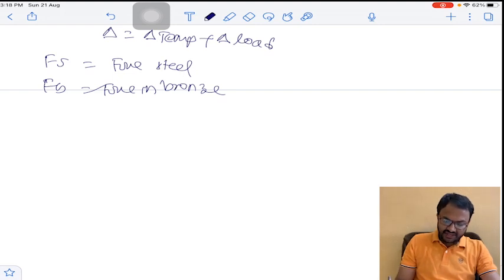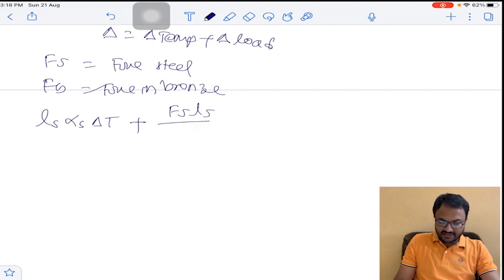First of all, the temperature deflection in steel is Ls alpha s delta T, that is L alpha delta T. Because of load, it is force into Ls divided by As into Es, that is FL divided by AE.